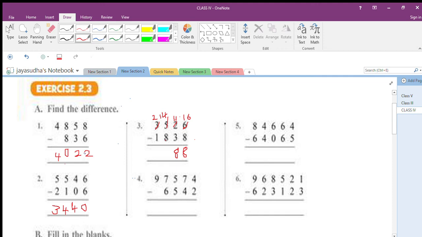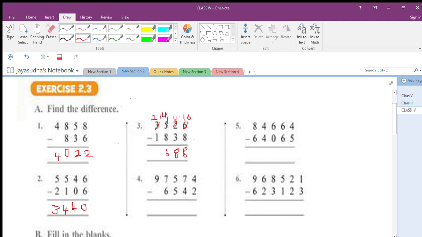Count backwards from 14. What do you get as your answer? 14 minus 8 is 6. Very good. Your answer is correct, children. Now you get a 6 here.